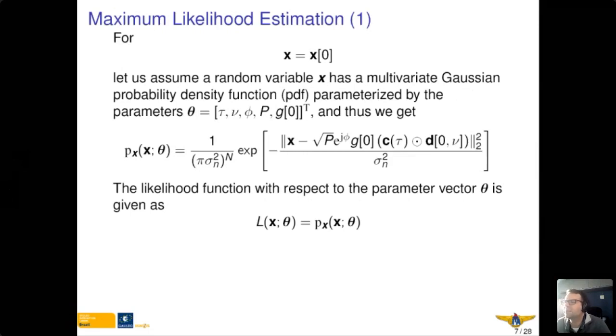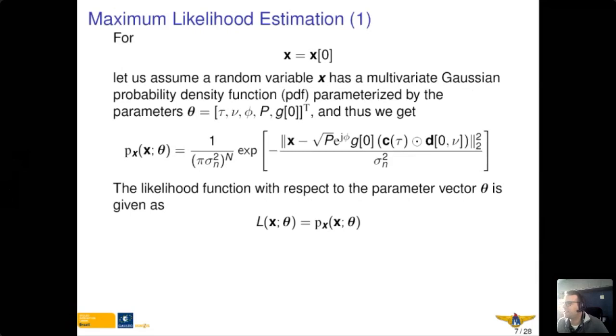It's parameterized by tau, the time delay, nu, the Doppler frequency, phi, the phase, p, the power of the signal, and g of 0, which is the received data bit of the signal. So we have all these parameters.